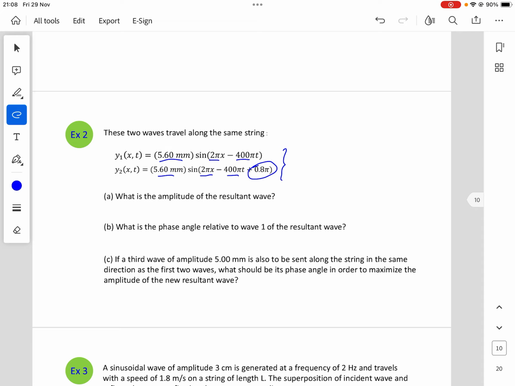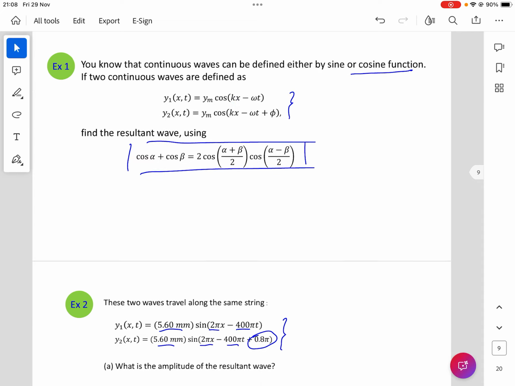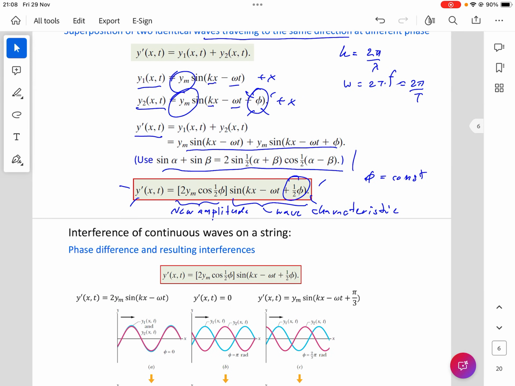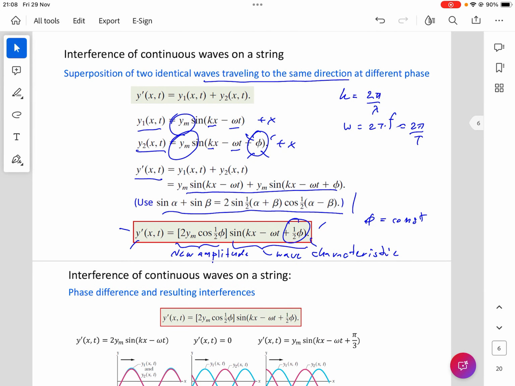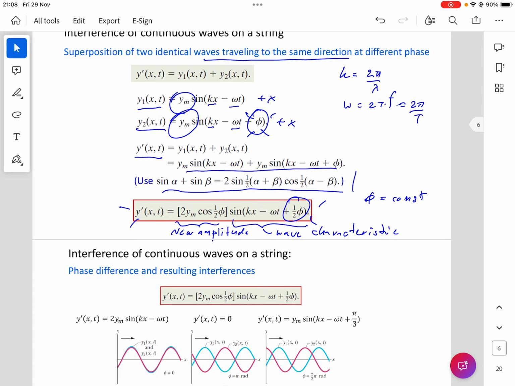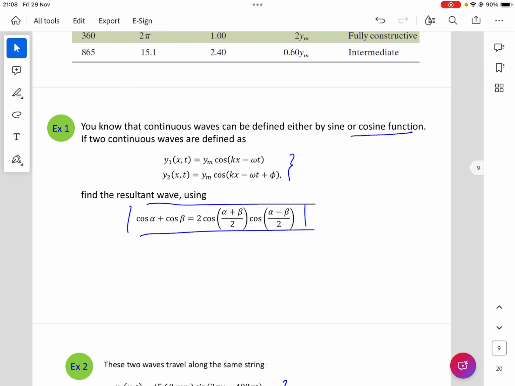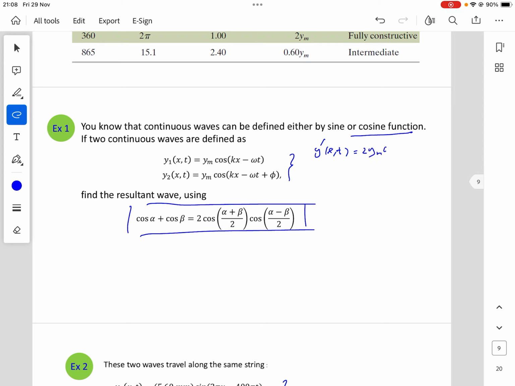You can really go back to the slide, and you know that my new amplitude is 2ym cosine half of the phase difference. So you can say that y prime of x, t equals 2ym cosine half of the phase multiplied by sine of kx minus omega t plus half of the phase.